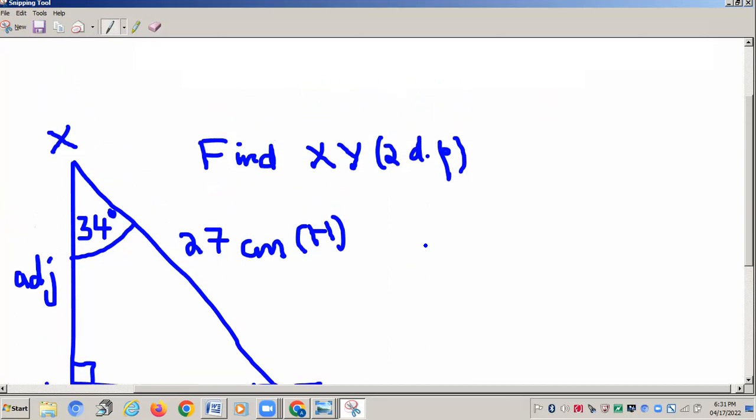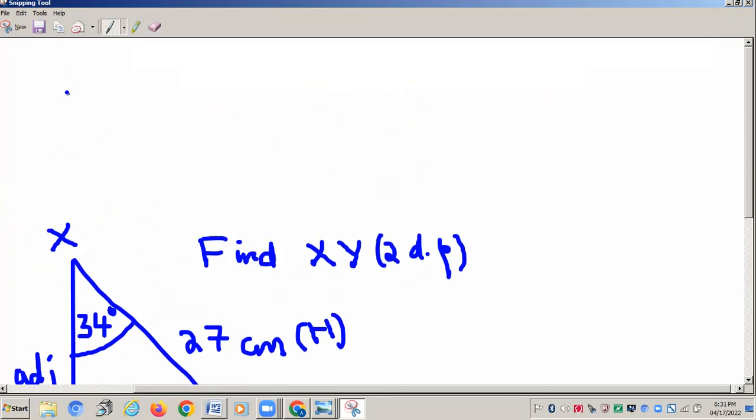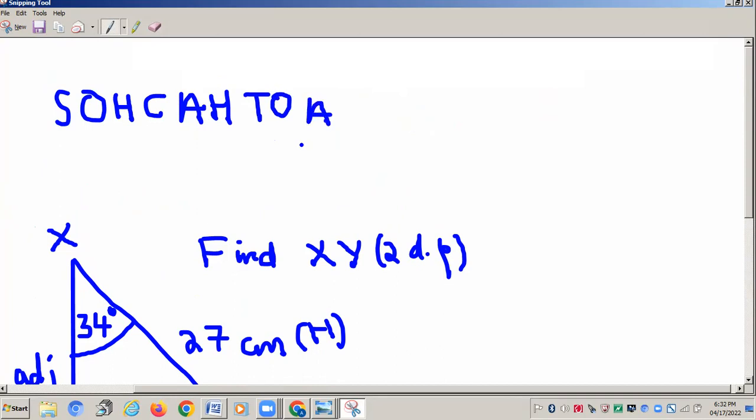What you're going to do now is write down the formula: SOH CAH TOA. So you write it down and have it in front of you.